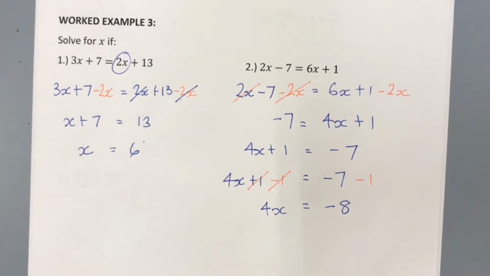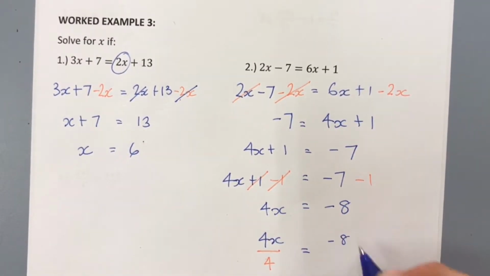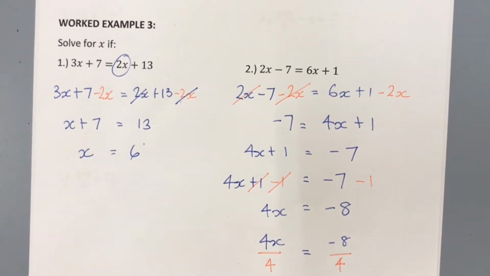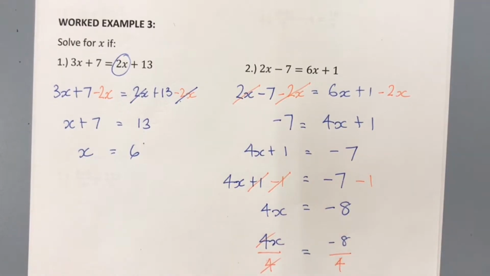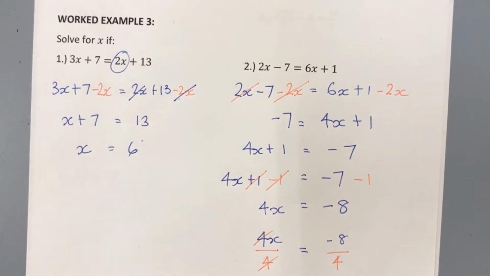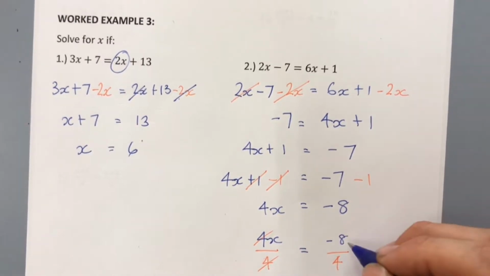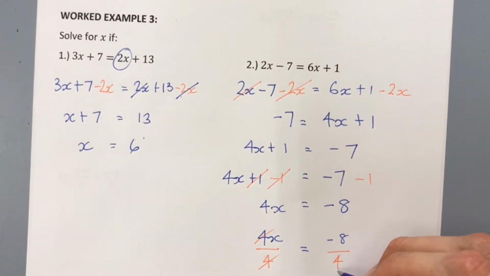What's going to happen next? Dividing by 4, good. So 4x, we're going to divide by 4. Because we're dividing the left-hand side by 4, we're also going to divide the right-hand side by 4. Those two 4s can cancel each other out now, that's why we're dividing by 4. So it's going to give us just x equals negative 8 divided by 4.